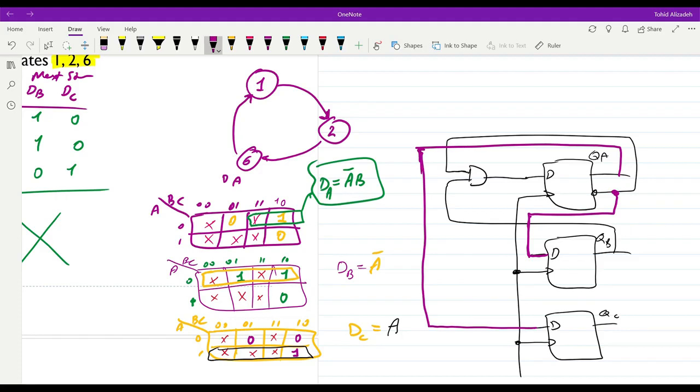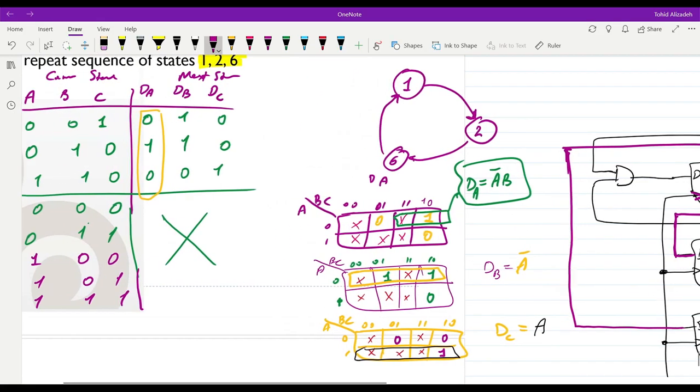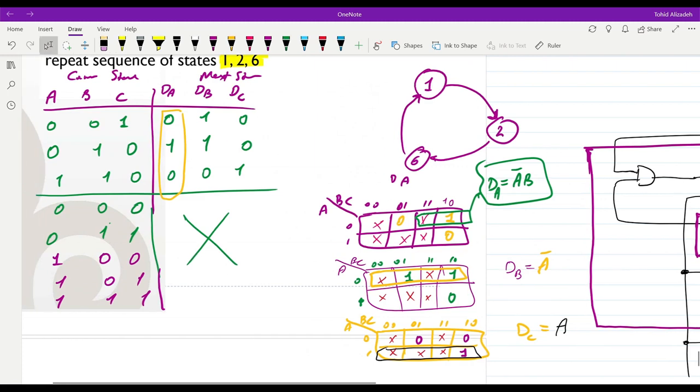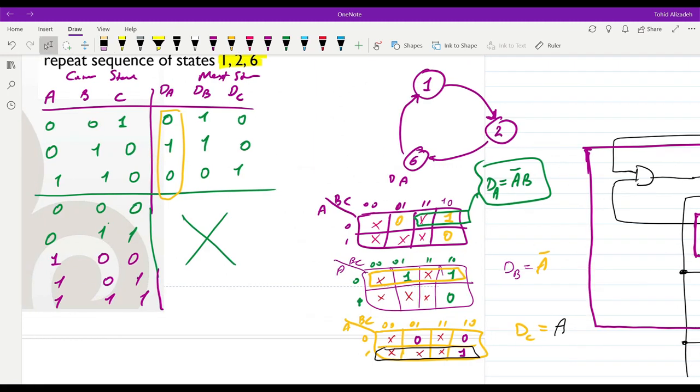We can also introduce the asynchronous reset to our counter. And one more thing here is that we can also determine what happens when we happen to be in one of these don't care states. When we are in 0, 0, 0, for example, we can find out the values for DA, DB, and DC. Let me fill it according to what we have found here.